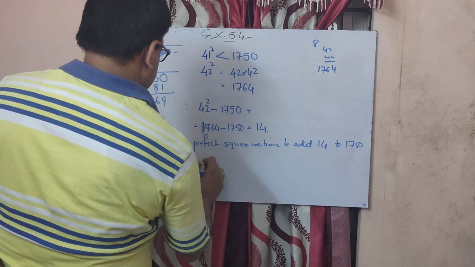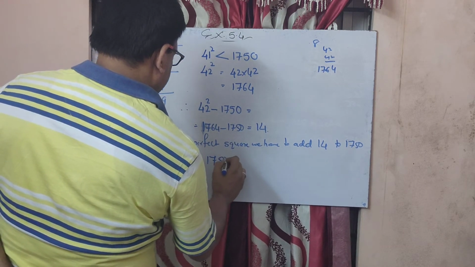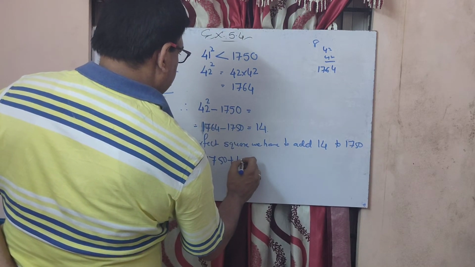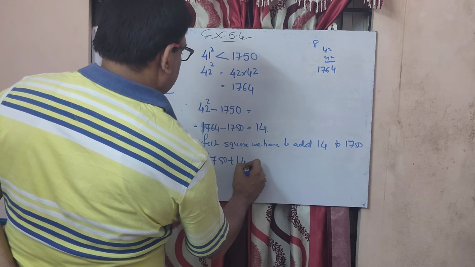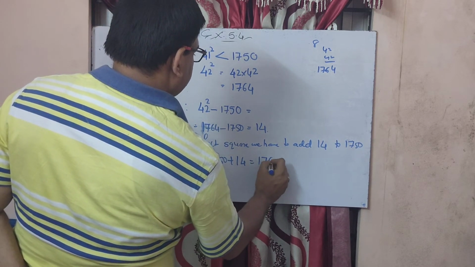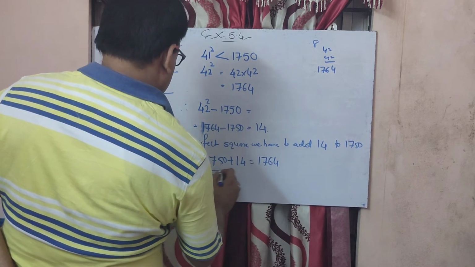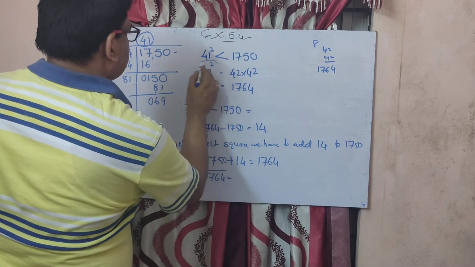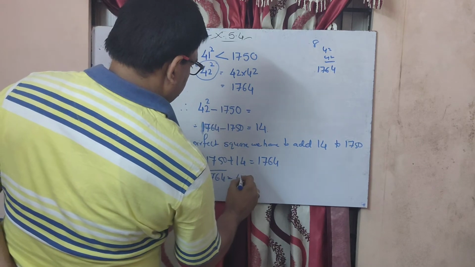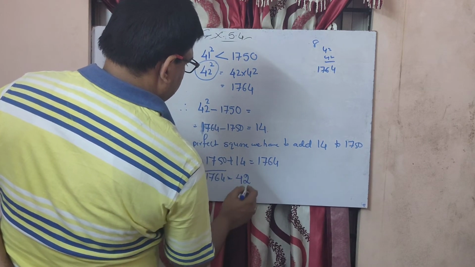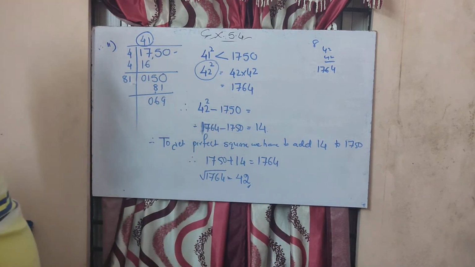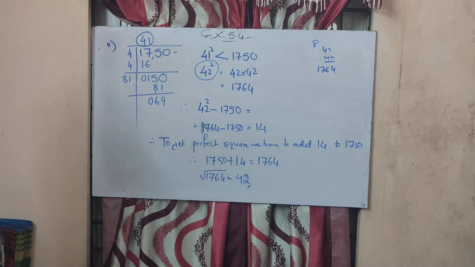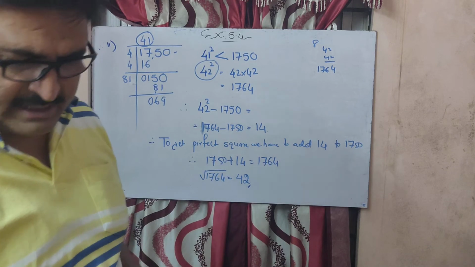That is 1750 plus 14, that is 1764. So the square root of 1764 is, how much is it? 42 square. That is 42. Square root of 1764 is 42. This is how you have to do the example.